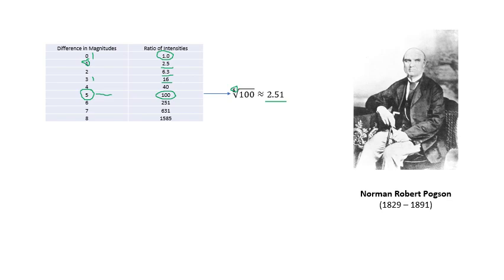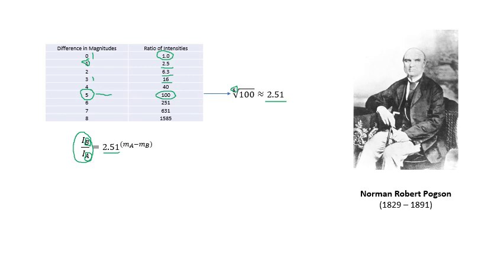So let's write that down as a formula. Using the 2.51 that Norman Pogson came up with, and it's called Pogson's ratio for that reason, we can write down the ratio of intensities. The brighter object is IB. The dimmer object, the object that's less intense, is IA.